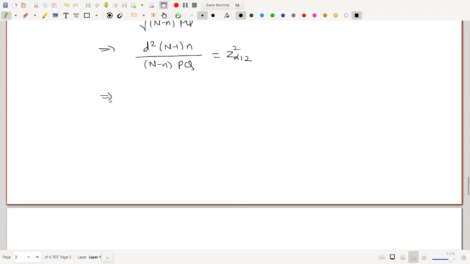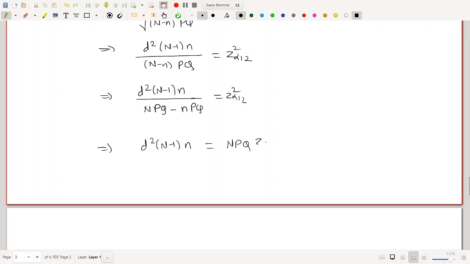So I can write this as d square (N − 1) n upon N PQ − n PQ is equal to z alpha by 2 square. So send this quantity to this side. So this will be d square (N − 1) n, which is equal to N PQ z alpha by 2 square minus n PQ z alpha by 2 square.